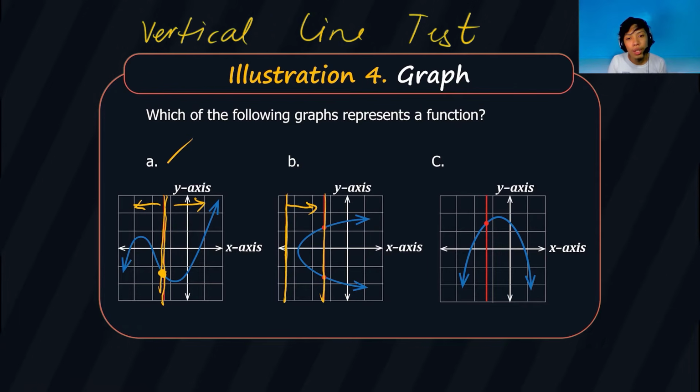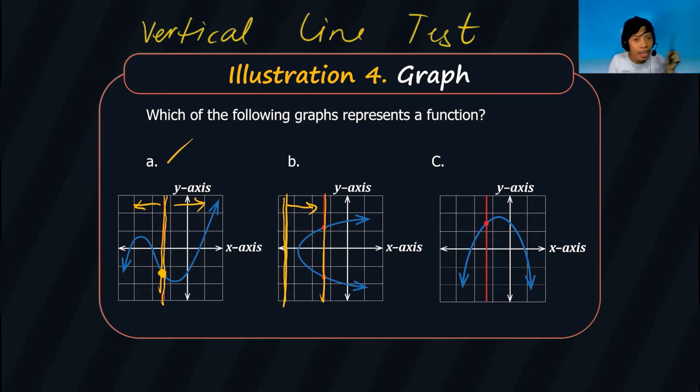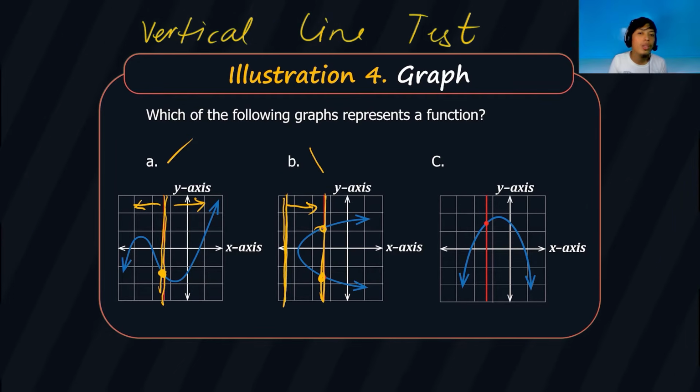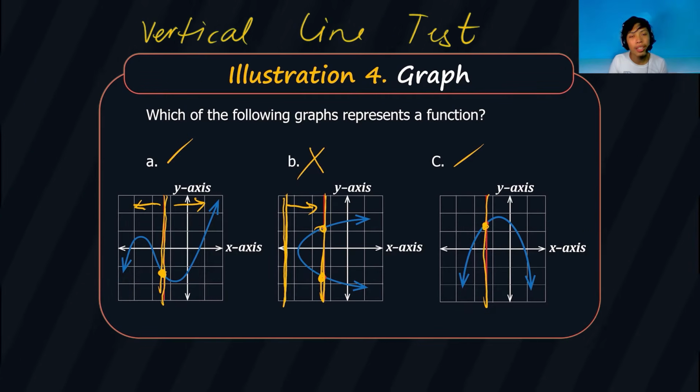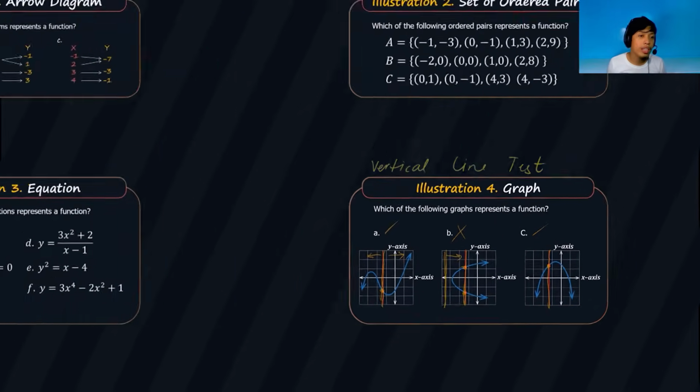Like this one, if the vertical line is here, it will not intersect the graph more than once. Or try to move the vertical line to the left. Baka magduha na siya. Okay, like this one. If the vertical line is here, we have here 2 intersections. So letter B is not a function. Letter C is a function because it only intersects the graph once. Okay, so that's how you identify if a given graph is a function or not.